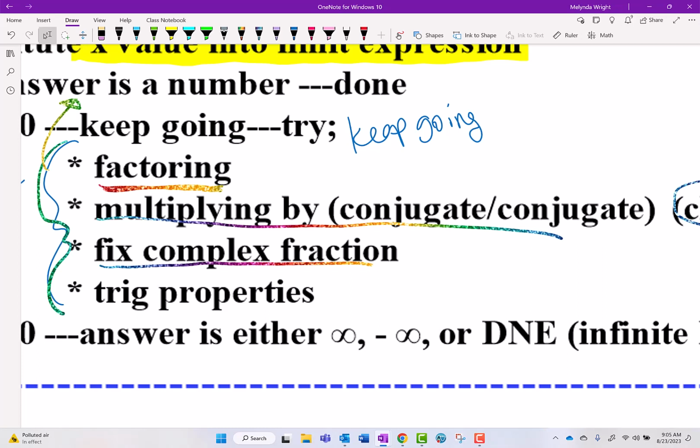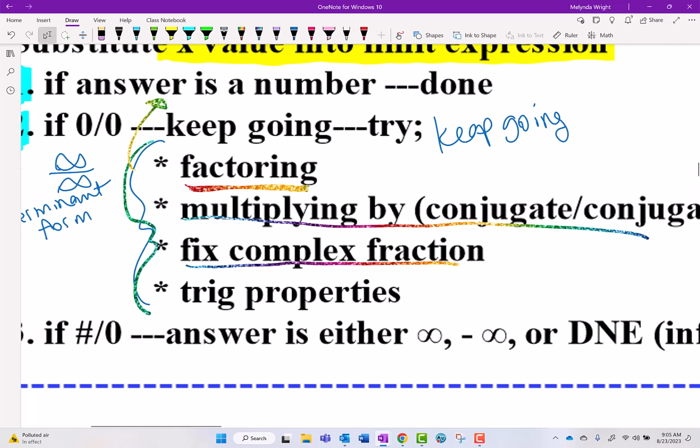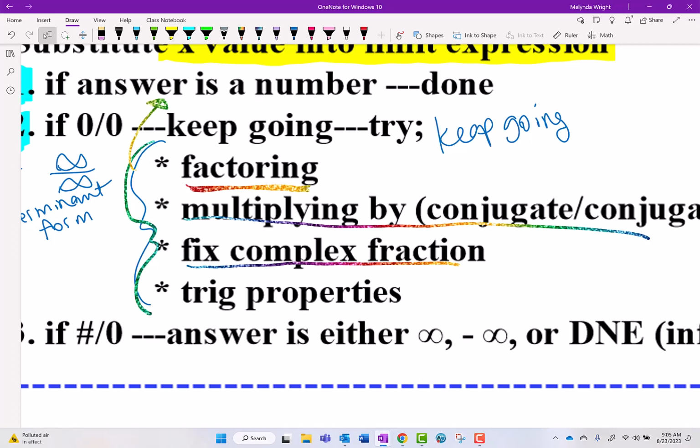That's how we would fix a fraction. And the last thing, if we're working with trig limits, we'll need trig properties. Say we have sine, we might need to turn it into 1 over cosecant, or maybe we have tangent, we might need to turn it into sine over cosine. We might need to do that.